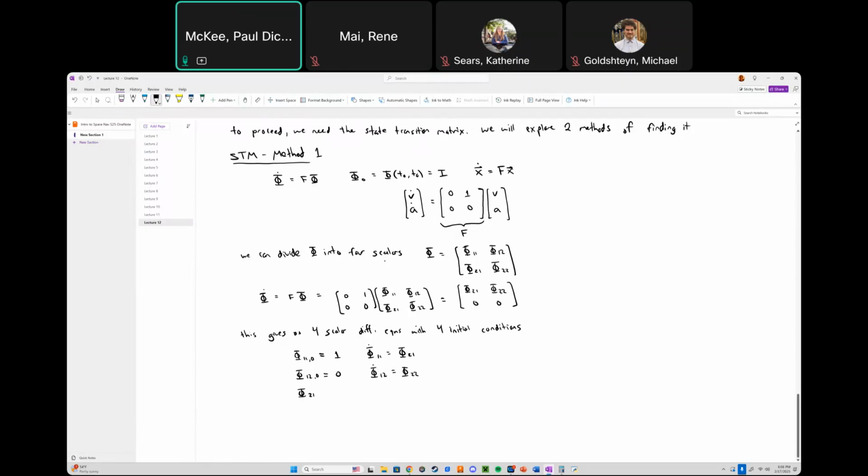Phi 2,1 initial. Remember, phi 2,1 is the lower left element. It starts off as 0 because we have the identity matrix. Phi 2,1 dot is 0. Okay, we're on to something now. If phi 2,1 initial is 0 and phi 2,1 dot is 0, then we can confidently say that phi 2,1 is 0 forever.